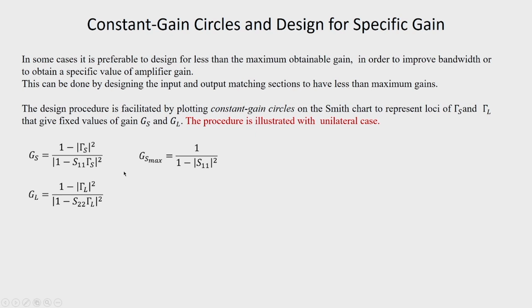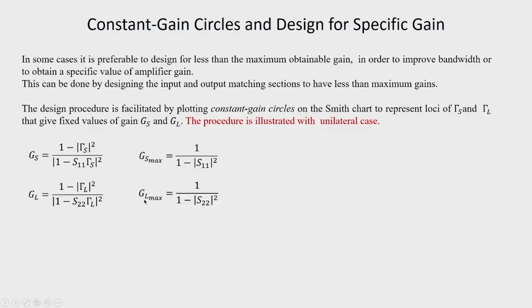Since we have a unilateral transistor, gamma in is now equal to S11 and gamma in conjugate becomes equal to gamma S, and therefore this gamma S can be replaced by S11 conjugate. In the same manner, gamma out becomes S22 when S12 is 0, and therefore GL max becomes 1 by 1 minus mod S22 squared.